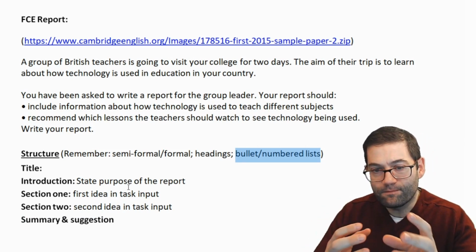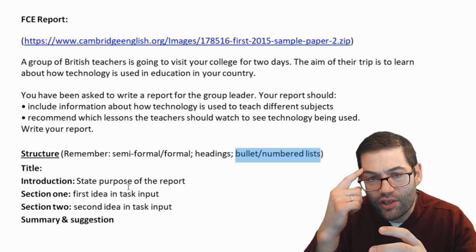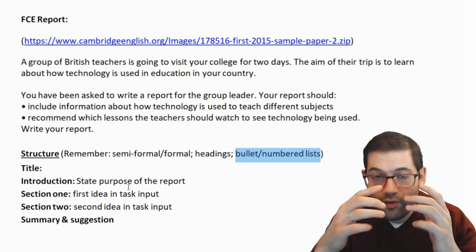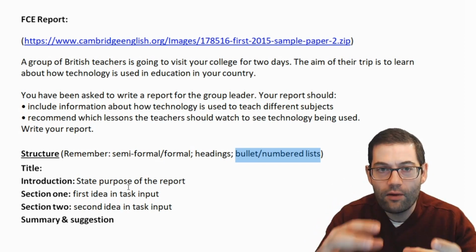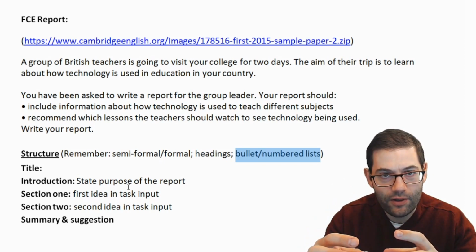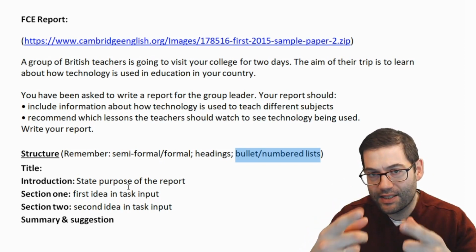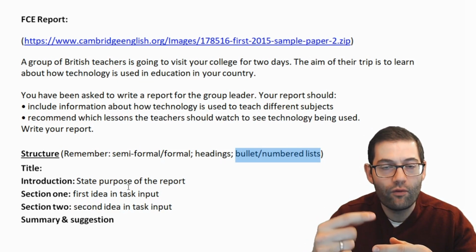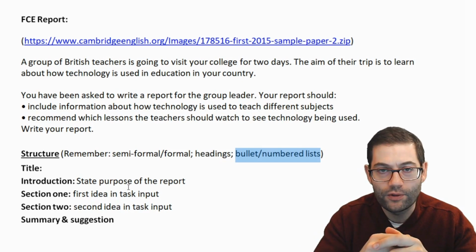So already, with that structure in your mind, you should read that question, and mentally you should already have a good idea of how the report is going to be structured. So let's move on to the next stage of planning and see what we can include in every element of the report.